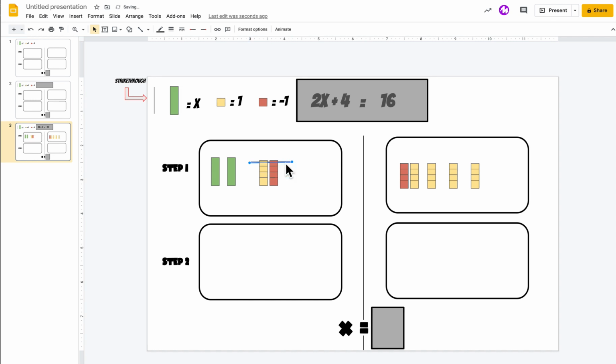Okay, so then you got those guys right there. Now, do you have to do this? No, but it is a great way to show 0 pairs. Showing 0 pairs right next to each other is also another way. It's okay. So then I need 4 more on the other side.